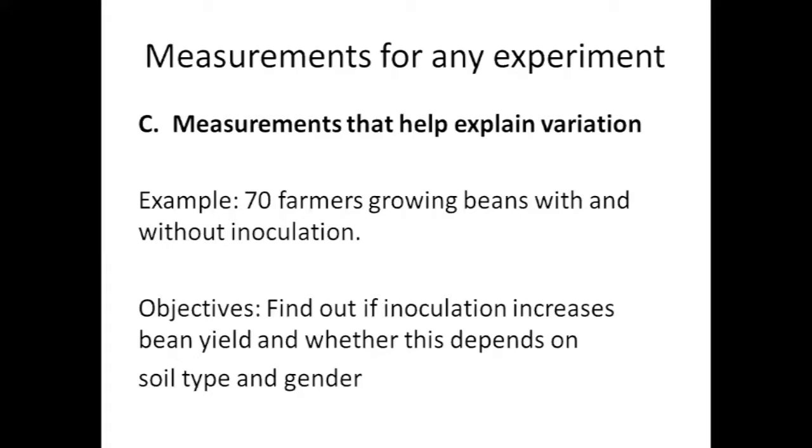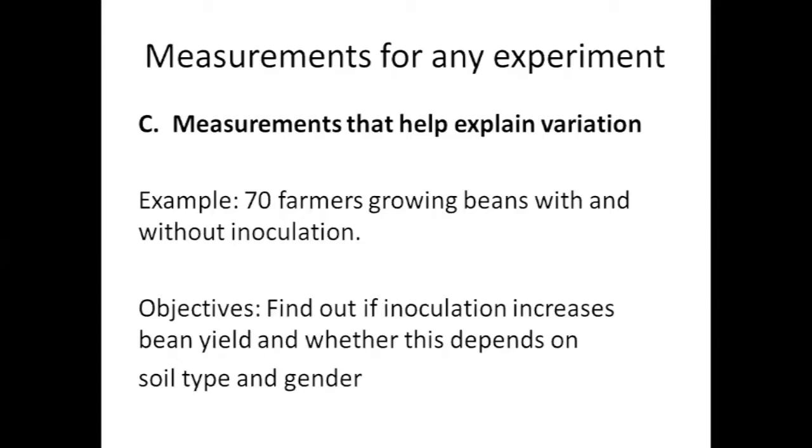And some researchers will say that's why it's difficult to do on-farm research or why we shouldn't do on-farm research. My view is that when there's variation between farms, we need to understand or explain that variation. And to do that, we need some measurements.